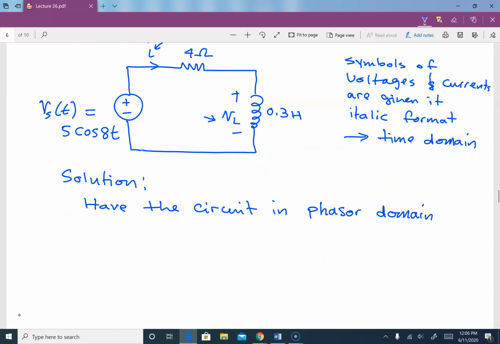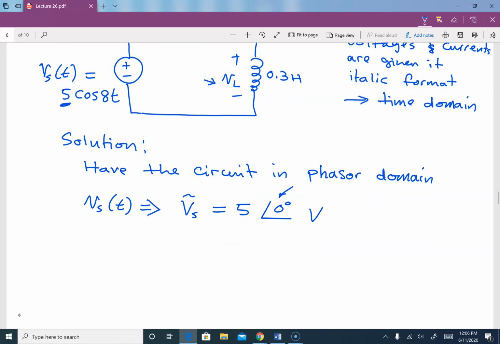To do that, our Vs of t should be our Vs, which is equal to 5 with angle 0 volts. We took this 5 because that is Vm, and there is no associated angle. That means the angle is 0. Okay, and then we have our 0.3 Henry.